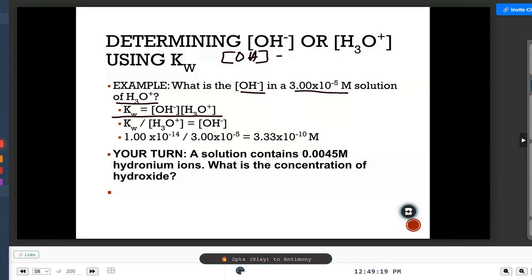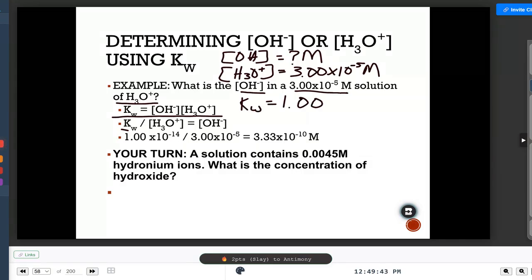Hydroxide ion concentration equals question mark molarity. Hydronium concentration equals 3.00 times 10 to the negative 5th molar. And then what is the other value that we're looking for that we know because we memorized it already? Kw. So Kw equals 1.00 times 10 to the negative 14th.